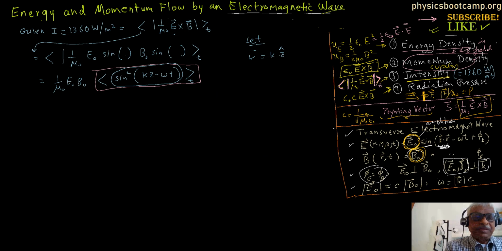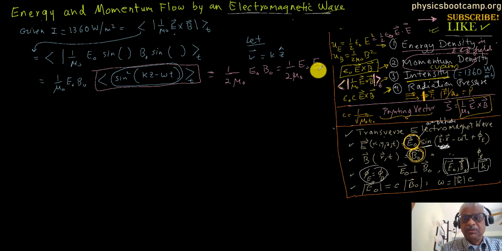So it just turns out to be equal to 1 over 2 mu naught E0 B0. Now B0 is going to be equal to E0 over C. So this is, as earlier explained, E0 squared over 2 mu 0 C. I want to get the electric field magnitude, that's one of the answers.